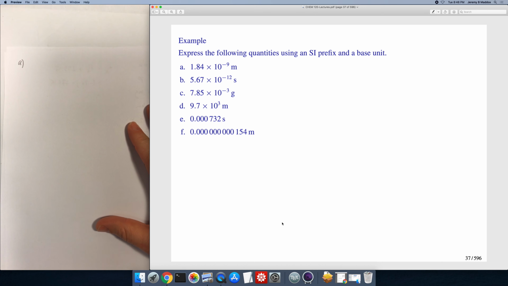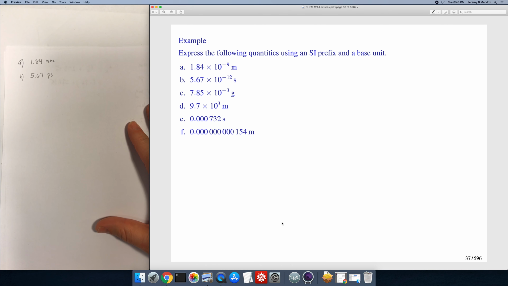So for part A, 1.84 times 10 to the minus 9 meters would best be represented using the nano prefix. So that times 10 to the minus 9 part is represented by the nano prefix. In part B, we have 5.67 times 10 to the minus 12 seconds. That should be written as 5.67 picoseconds.